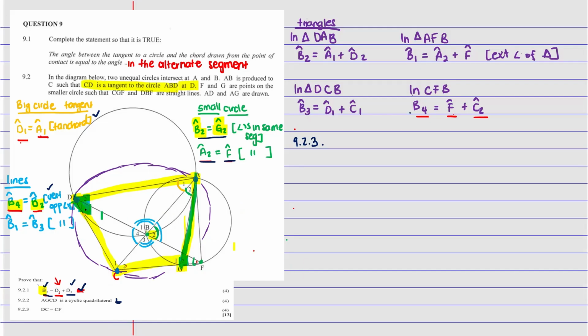And from D, I can go to G, but then I can't go to G again. So that doesn't work either, because I can go to G, but I cannot go to A G, but I can go to F. So we see that angles in the same segment do not work there.